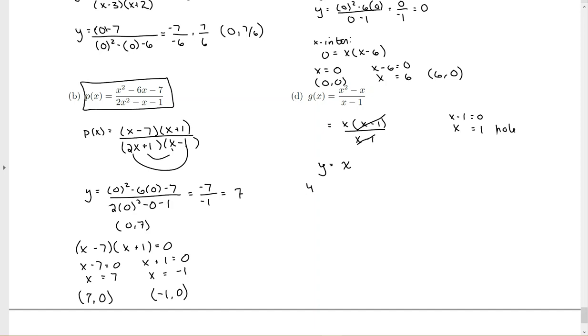So if I want to find the y-intercept, let x equal 0. And if I want to find the x-intercept, let y equal 0.